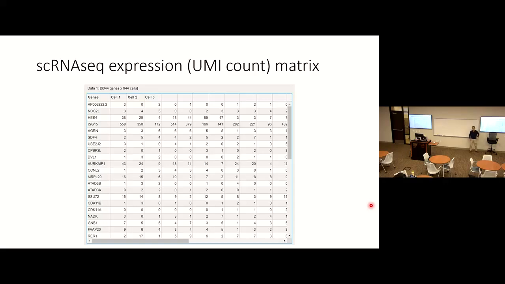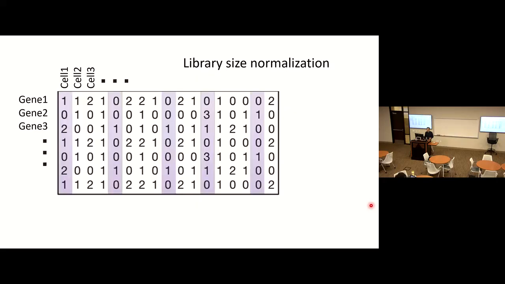This is the library size, basically how many reads have been mapped to all the genes in this cell. So if you sum this together, you get a number. You sum this together, you get another number, right, by column. If you do this by the rows, that will be the average or total expression of genes in those cells, all right?